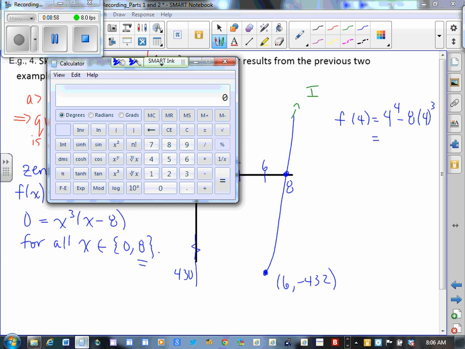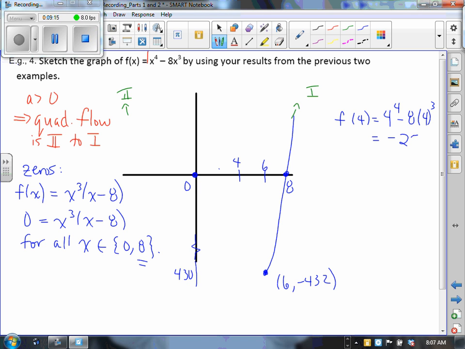Let's evaluate here. 4 to the 4th is 256. And let's take off 8 multiplied by 4 cubed. And we end up with minus 256. So at 4 and minus 256, let's just ballpark that and say it's here. So that was an inflection point.